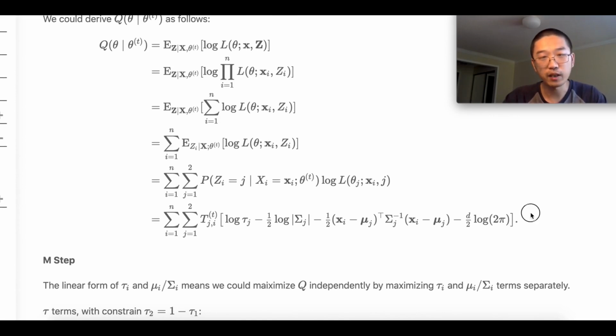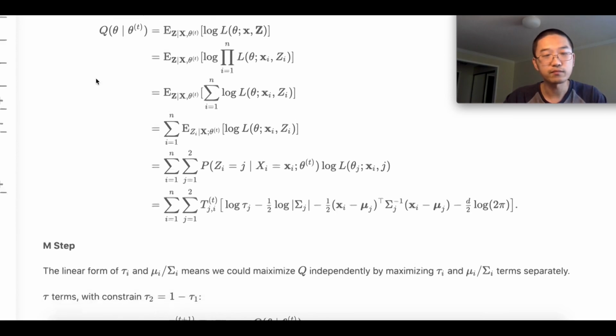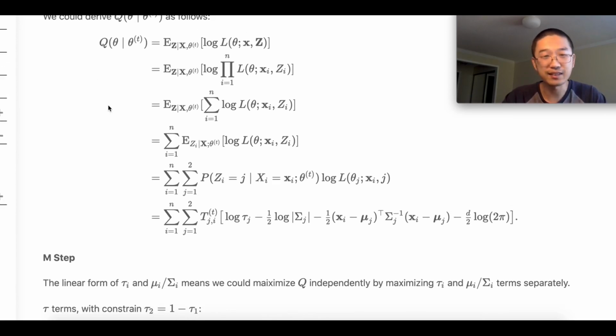So we need to maximize the whole thing here, which is the Q function. It seems complicated, but it's actually not. If you look at the terms, they are actually separate. You see the tau term and the covariance matrix and mu term are separated. The t term is constant, right?